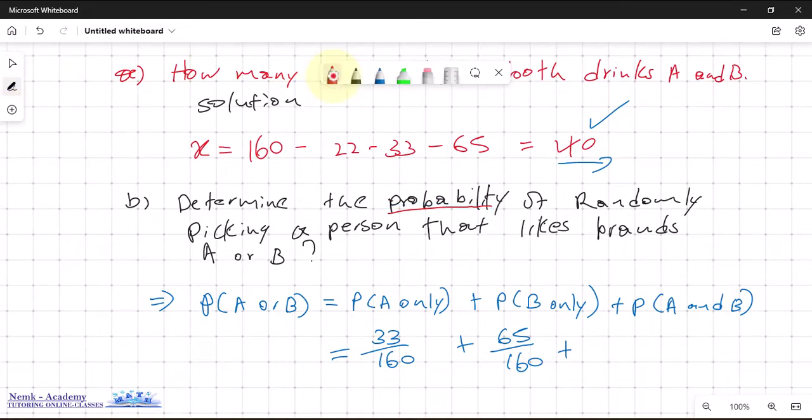For A and B, what did you get for A and B? Yes, it's this one, it's 40. So plus 40 over what? 160. Then we add with our calculator, what do we get?